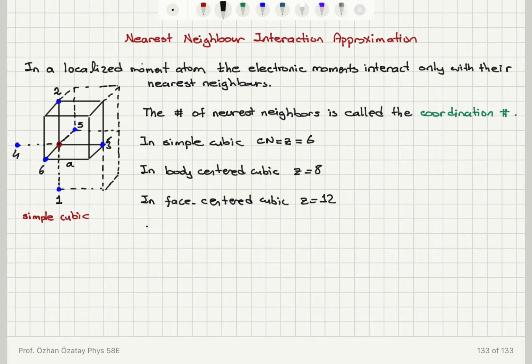And in the hexagonal close packed structure, HCP, Z is equal to 12. So this is simple cubic, body-centered cubic, face-centered cubic, and hexagonal close packed structures. Those are the most common lattice structures that we see.